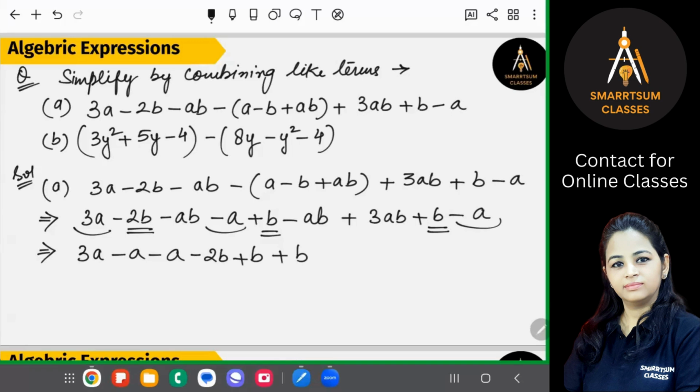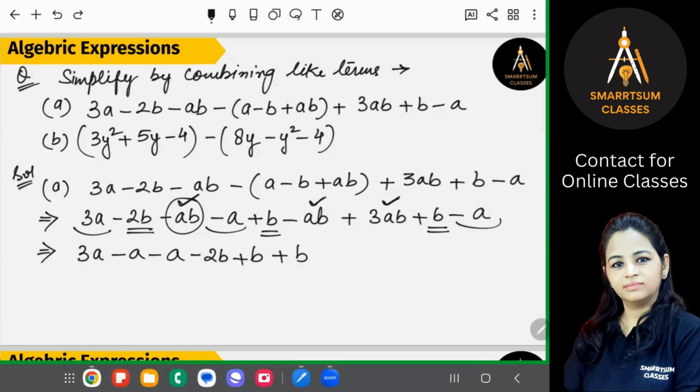Now the third type of term here is minus AB. We will check, is there any other AB term? Yes, we have one more AB term, minus AB. Then we have one more, plus 3AB. So all three are similar terms. These are the similar terms, so we will write them together now.